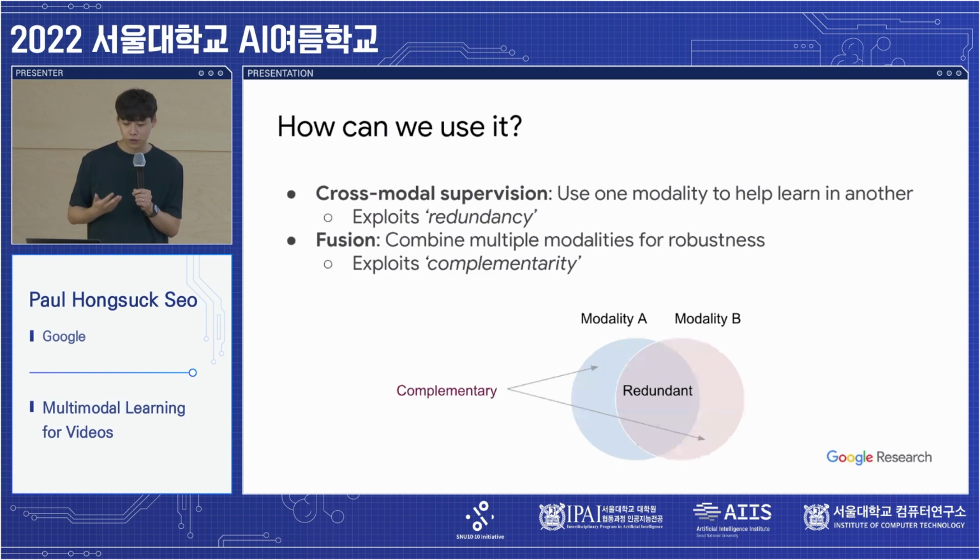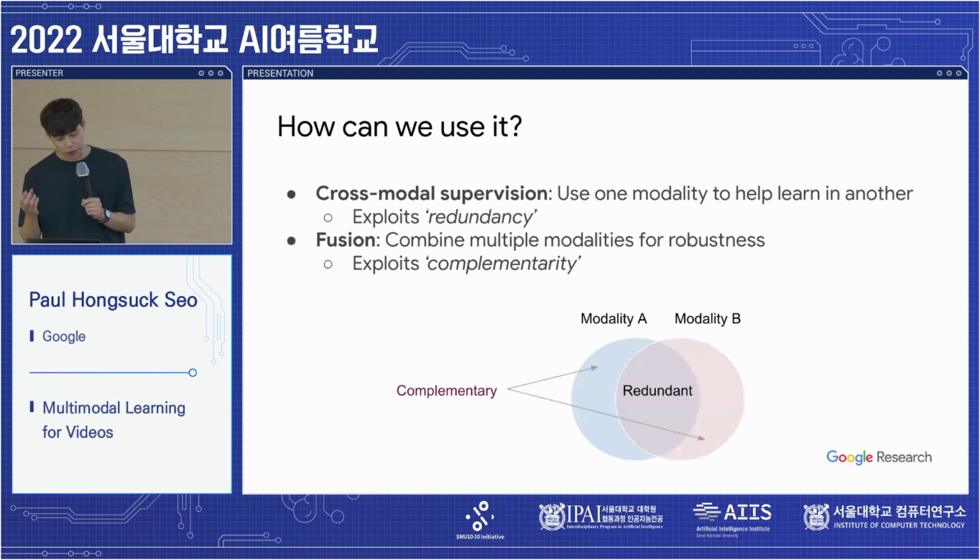And then how can we use them? There are two different ways. One is to use them for cross-modal supervision. Basically, we use one or some modalities to help learn in other modalities. This exploits the redundancy of the information contained in different modalities.